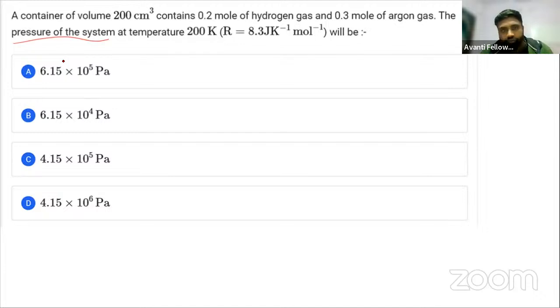Okay. So you can apply the ideal gas equation here: P of mixture times V of mixture is equal to mu of mixture, where mu is the number of moles, times R times temperature of mixture.